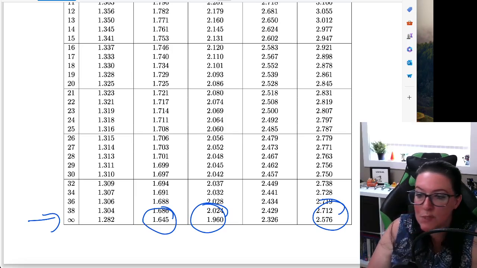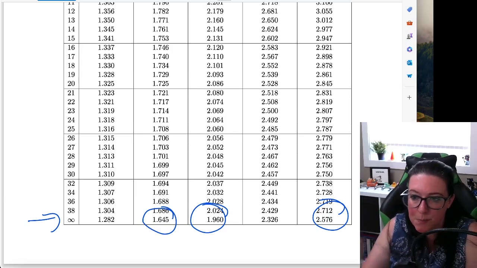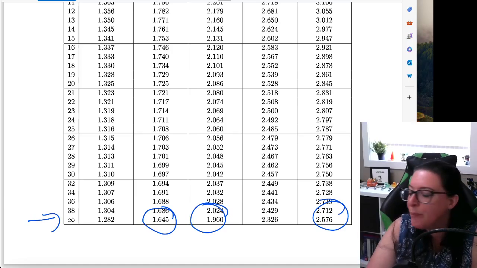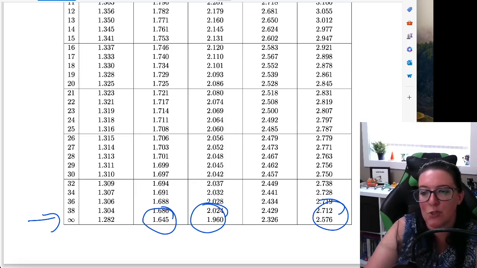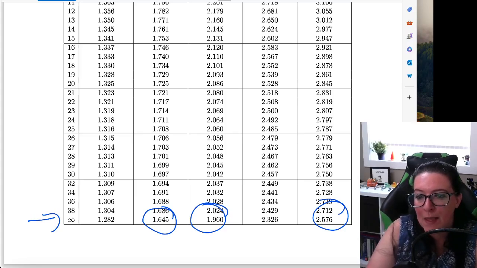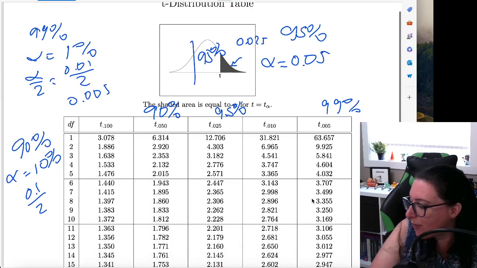So 1.645, we were using 1.6, but remember it was kind of right in between. 1.96, and then 2.58 is what we were using. Exact here is 2.576. So that way we can make sure that we're at the right spot.